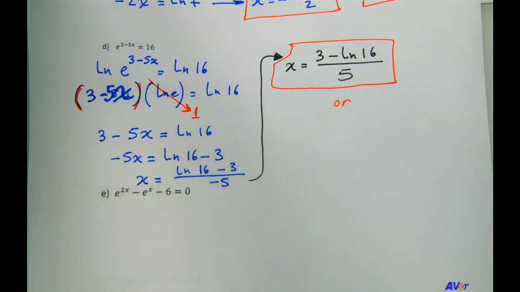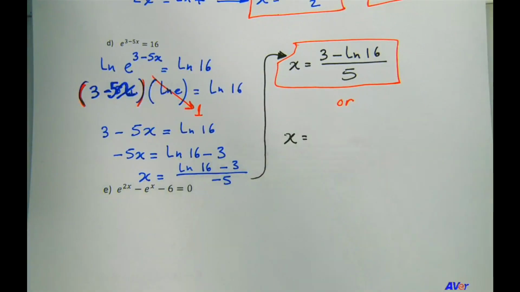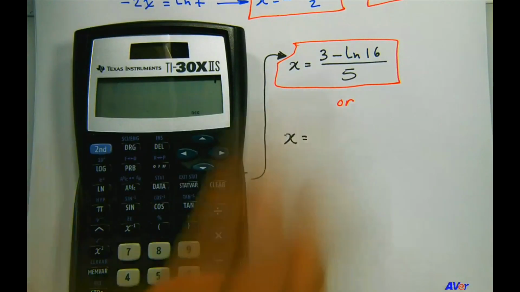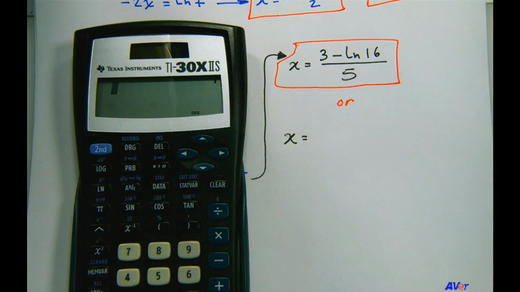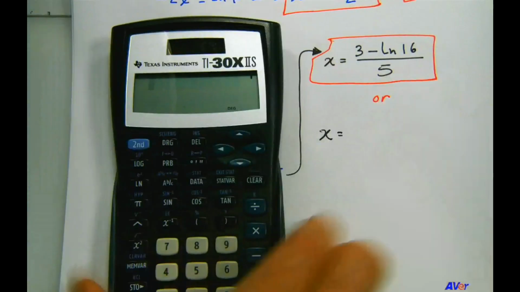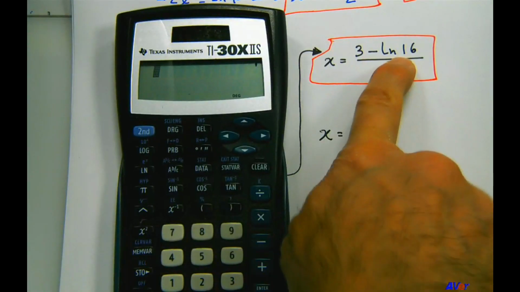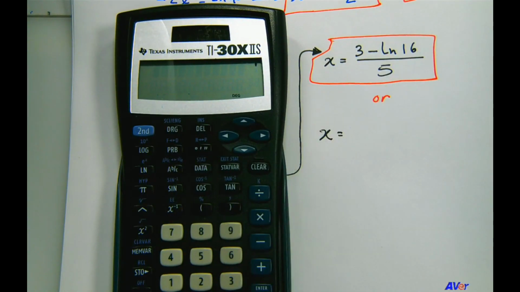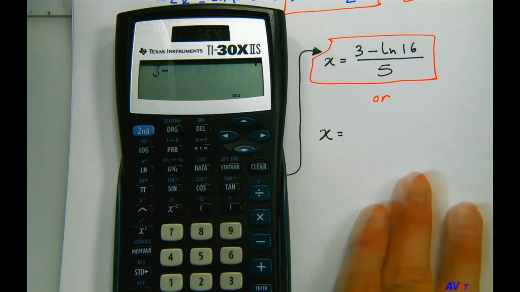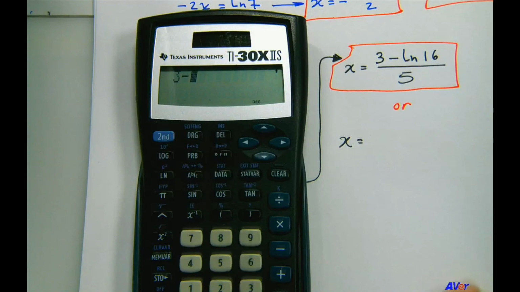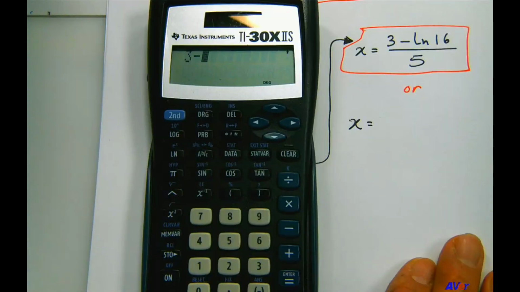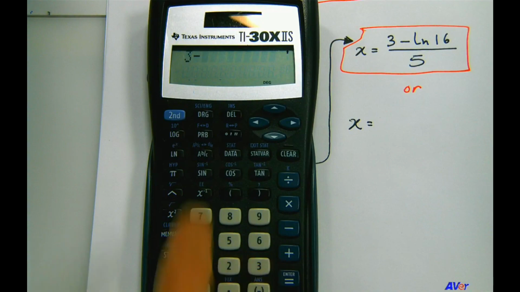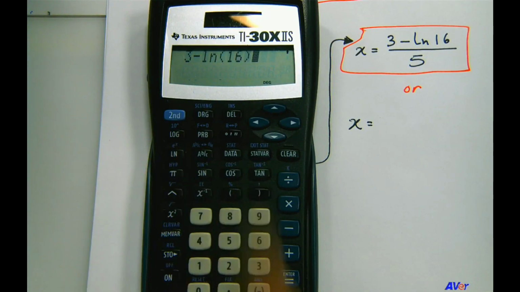or in case you are allowed to use a calculator, if you see this problem on a homework assignment, then all we have to do is find natural log of 16, subtract it from 3, divide by 5. So 3 minus natural log of 16, what is that number?